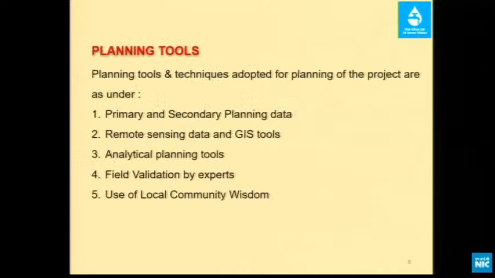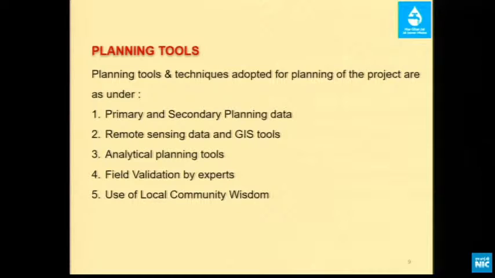The water level was roughly 40 meters, and now the present water level, as the JJM task force has seen, is only 10 meters. So the water level has gone up by 30 meters.